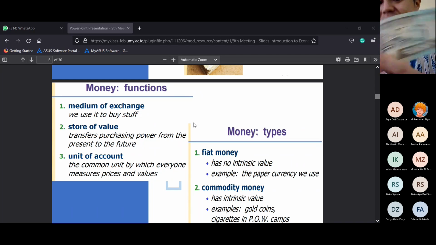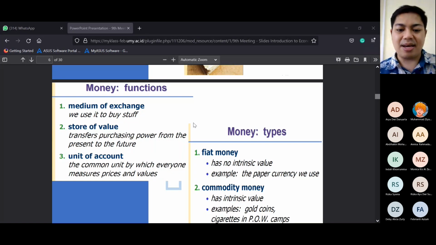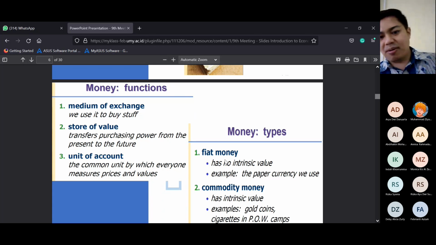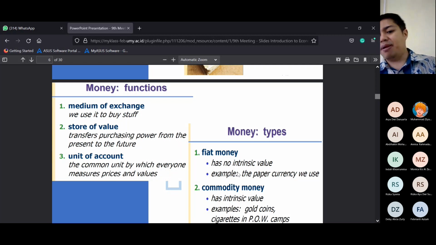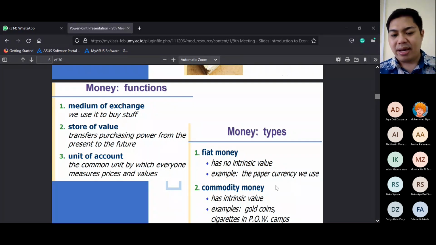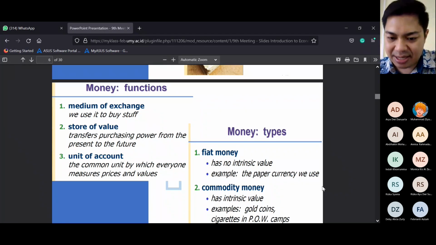So why does it happen? This is the question that you are going to answer through this course. Go back to this one. The fiat money that I just showed you has no intrinsic value, for example the paper currency we use. The second one is commodity money, which has intrinsic value, for example gold coins, cigarettes, and others. And the third one, we know there are three kinds of money.